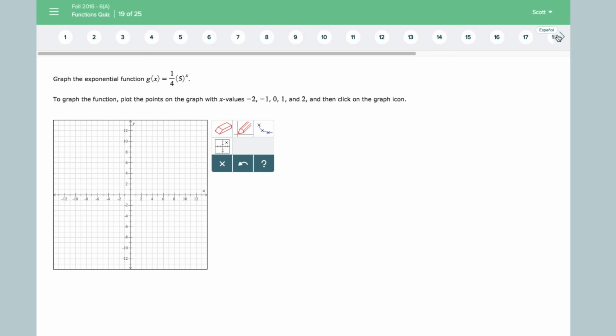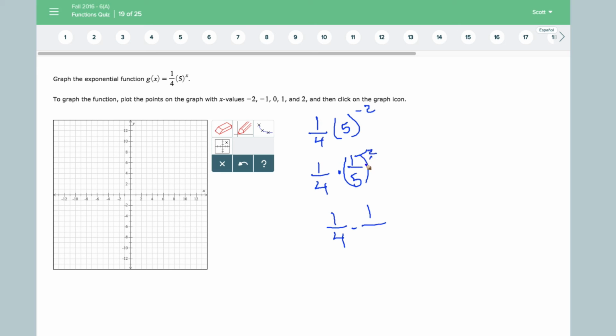Number 19, same thing. Let's go ahead and plug these in. 1 over 4 times 5 to the negative 2. So that flips the fraction. So 1 over 4 times 1 over 5, and all of that is squared. And that becomes 1 over 4 times 1 squared over 5 squared.